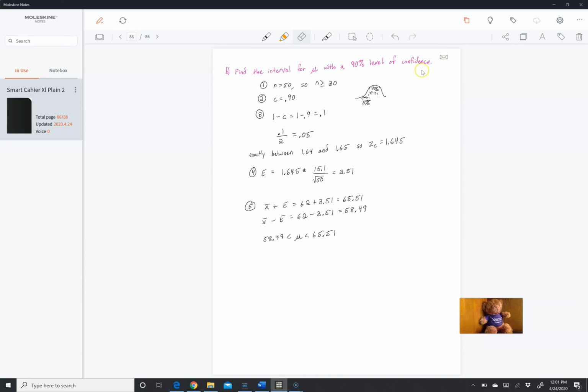Here our level of confidence decreased, so our level of confidence is going to decrease as that interval gets smaller and smaller. Think about it in terms of the picture. How do we make this percentile increase? We increase the size of the interval, right? We increase the area. So as the level of confidence increases, so does the margin of error.